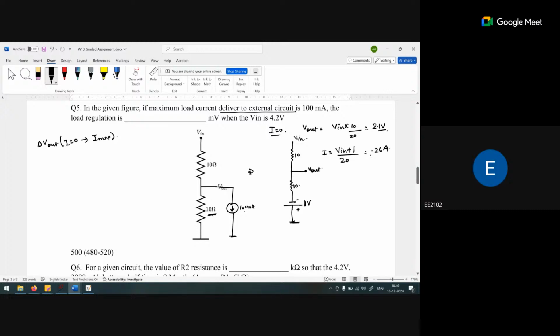Now if 0.26 ampere current is delivered, what is the voltage drop across this resistance? That is 2.6 volt. Out of 4.2, 2.6 is dropped, so the voltage remaining at this point is 4.2 minus 2.6, that is 1.6 volt. So when I is maximum, Vout is 1.6 volt.